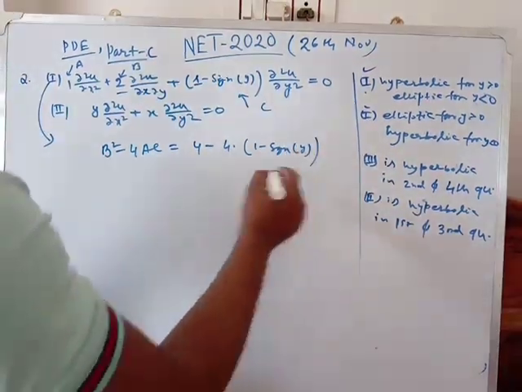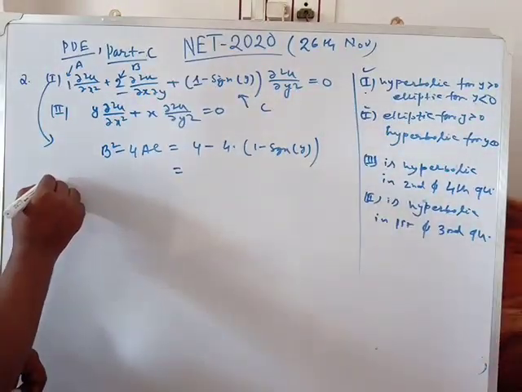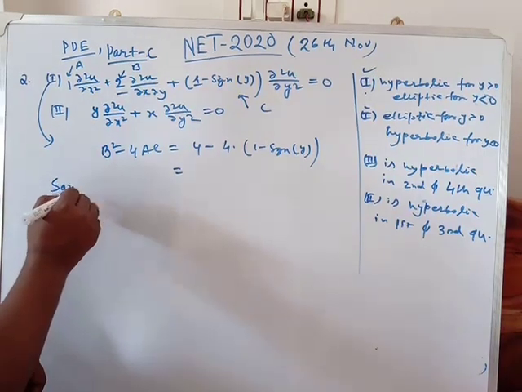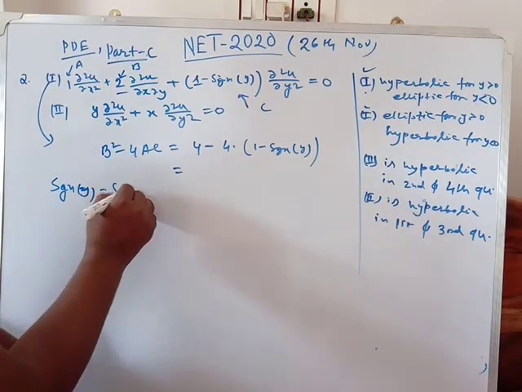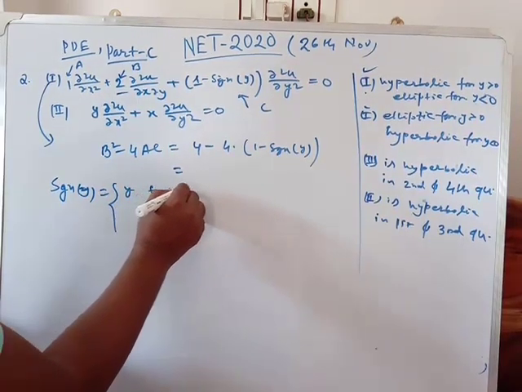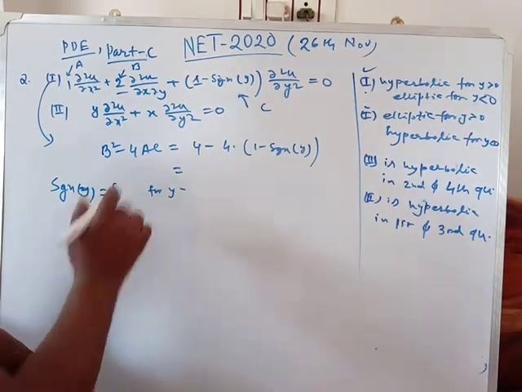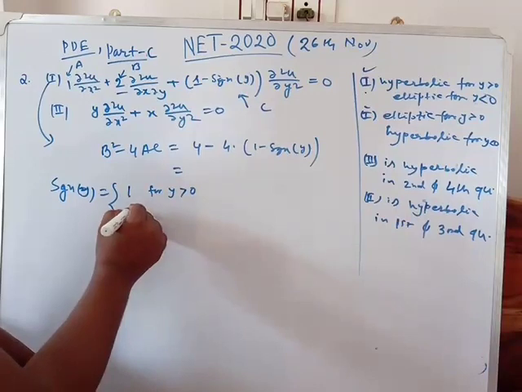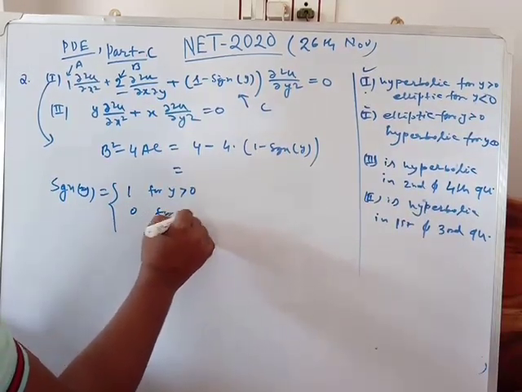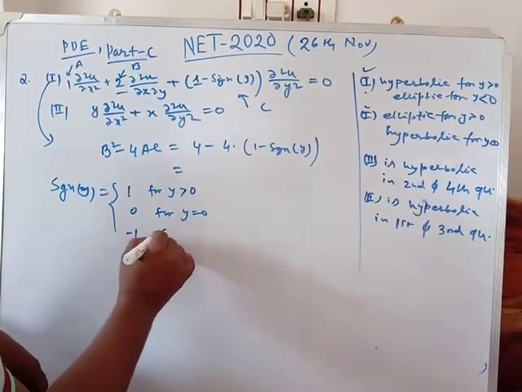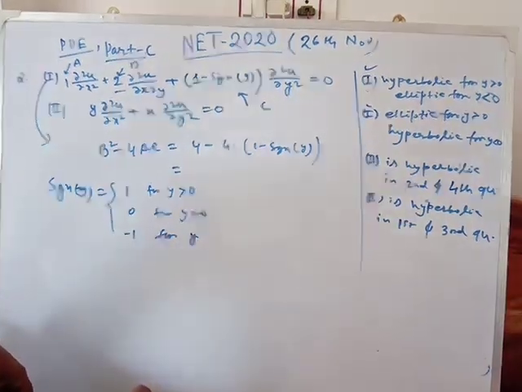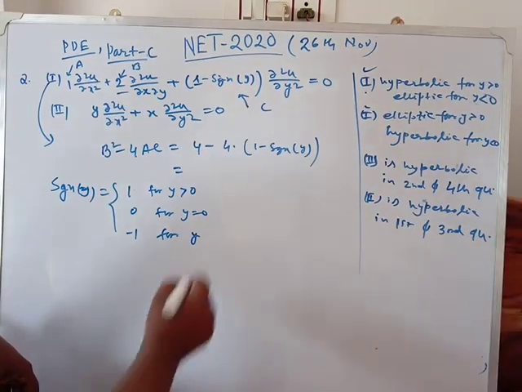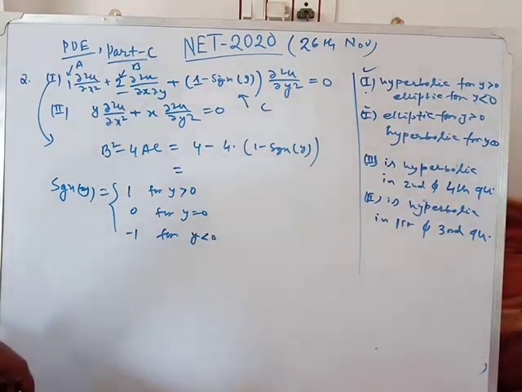The signum function of y equals 1 for y greater than 0, 0 for y equal to 0, and minus 1 for y less than 0.